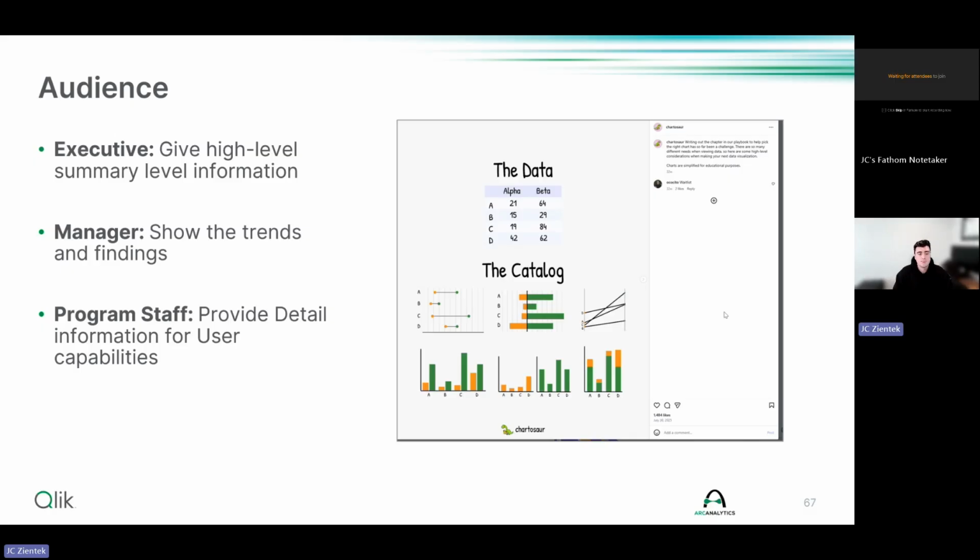And you, as the business analyst or the Qlik developer or the architect, whatever your title is, your role is to portray that data in a way that makes sense for the user's role, not just the way that the data sits. And a great example of that is this Instagram post right here, which I took a screenshot of, and I will tag Chartosaur as a very good Instagram account.